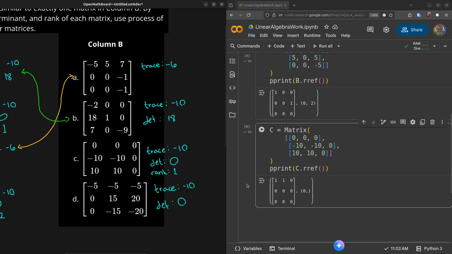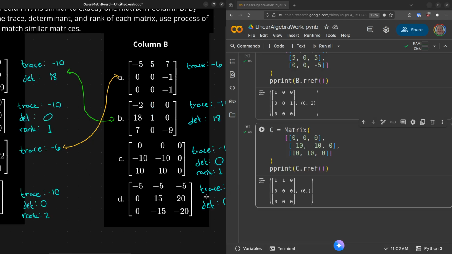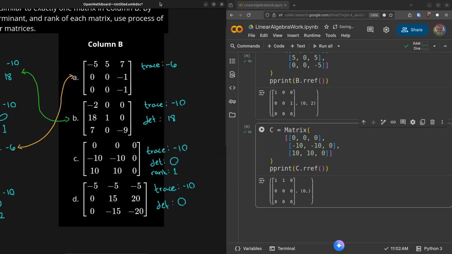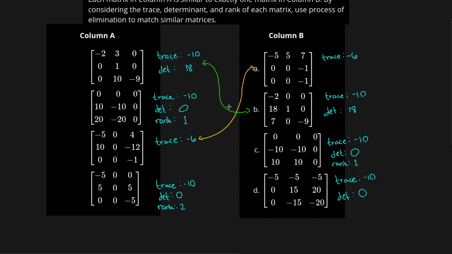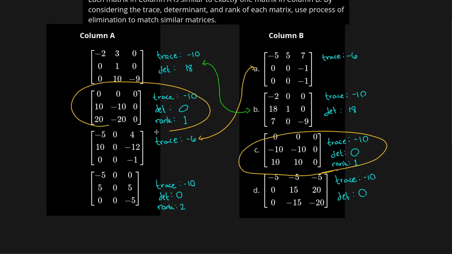Okay, and at this point, you could probably figure it out by process of elimination. Since every matrix in column A is similar to a matrix in column B, this matrix and this matrix must be similar. They have the same trace, they have the same determinant, they have the same rank. This matrix cannot be similar to this matrix because it has a different rank.